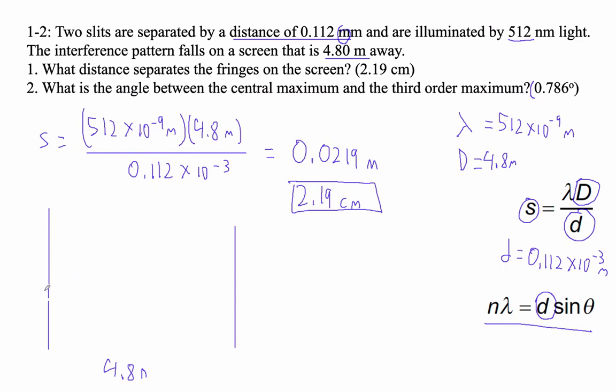They're very narrow slits, and they're separated by a distance of 0.112, right? That's this distance between here and here. Okay, and what's going on here is we've got a central bright spot right there. Okay, and then we've got a maximum here, and then another one there, and another one there.